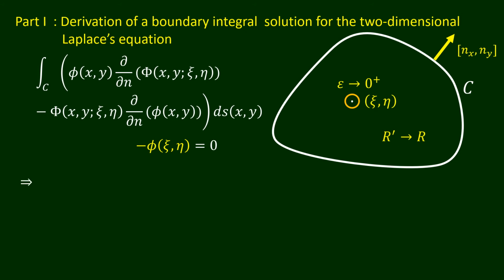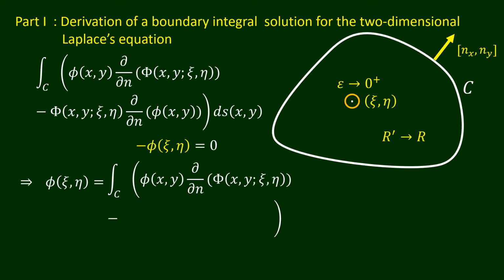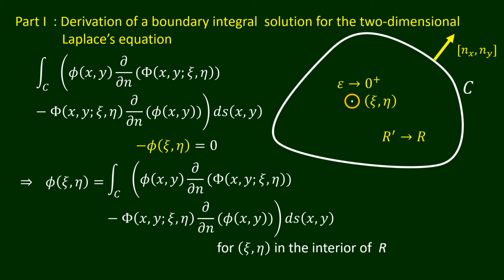Hence, we obtain phi(xi, eta) equals the integral over C of phi, del capital Phi over del n, minus capital Phi, del phi over del n, ds, for point (xi, eta) in the interior of the region R. This gives us a boundary integral formula for computing phi at any point (xi, eta) in the interior of the region R, if phi and del phi over del n are both known at all points on the boundary C.